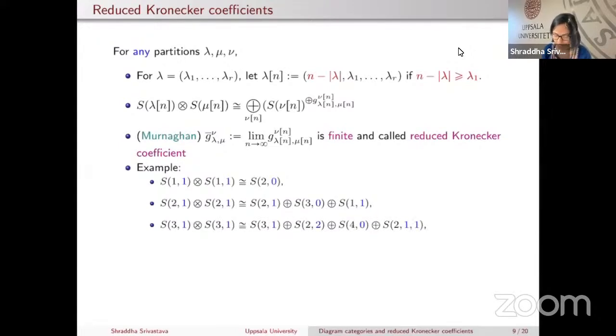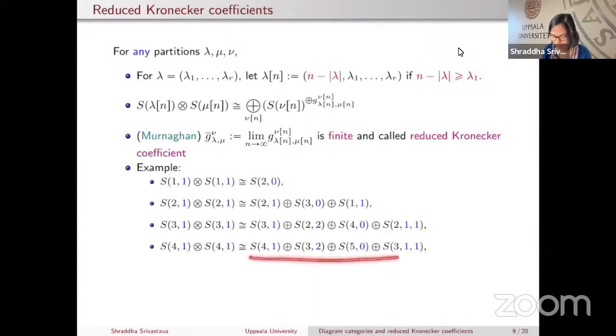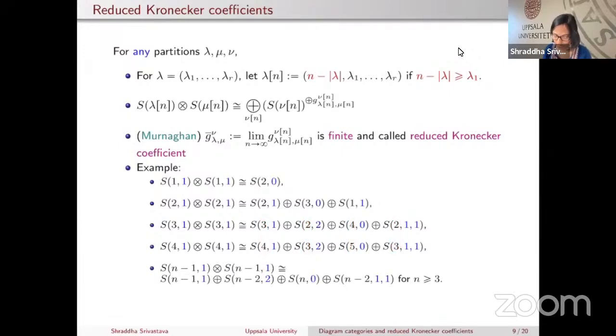If we increase further, one more component appears, and if we do it once more, the irreducibles now stabilize. If we forget the first row of the partition, they look exactly the same. In general, if we take n to be at least 3, the decomposition turns out to be this, and the multiplicities also become stable.